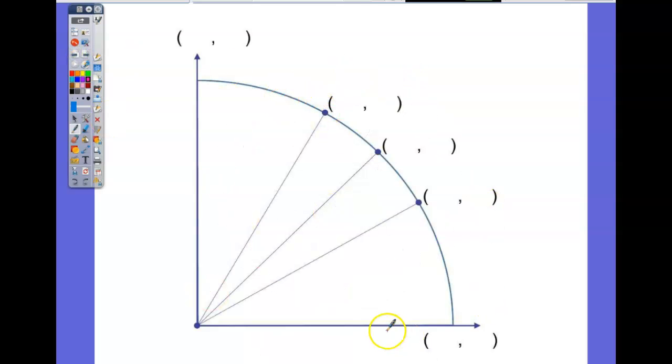So if you go back where you did by yourself, there's the first quadrant here. So in the first quadrant, I want to fill in all my values. We have to remember cosine is my x value and sine is my y value.